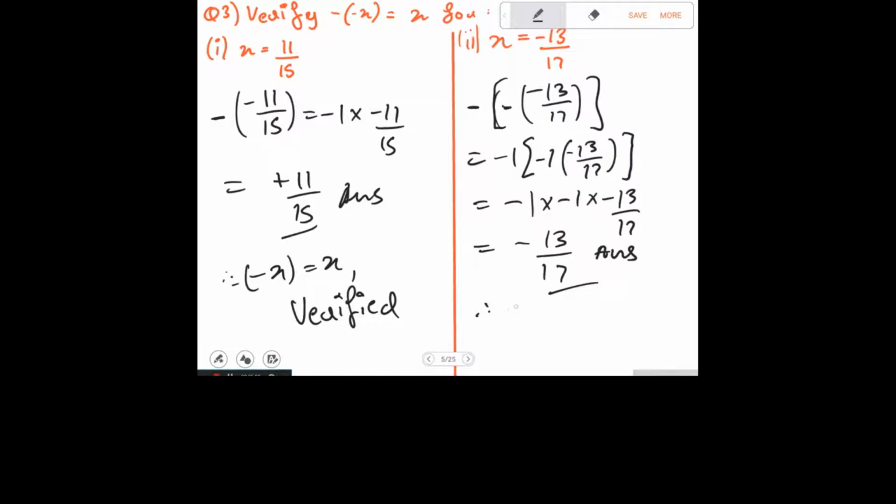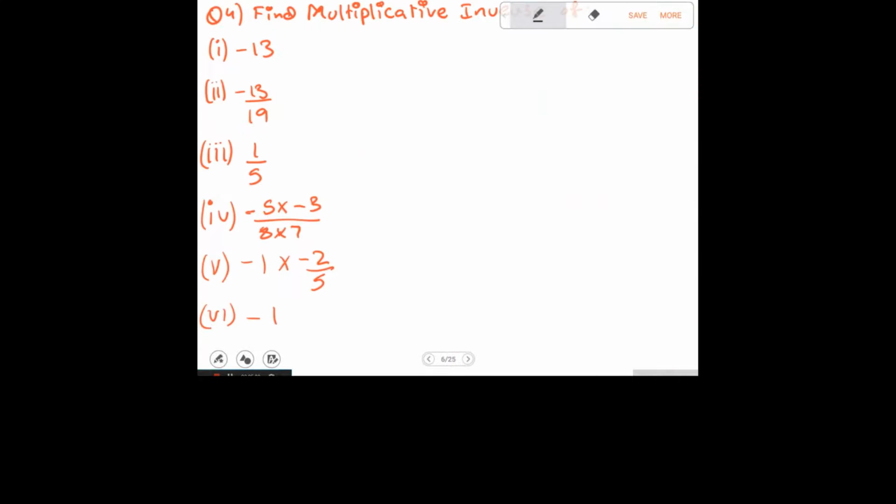Therefore, again, minus of minus x equals x, verified. So the fourth question is to find the multiplicative inverse of this.